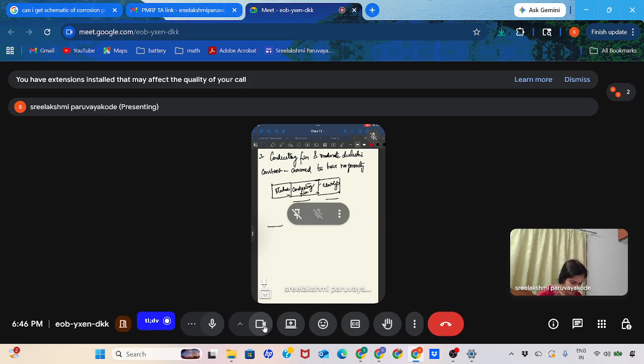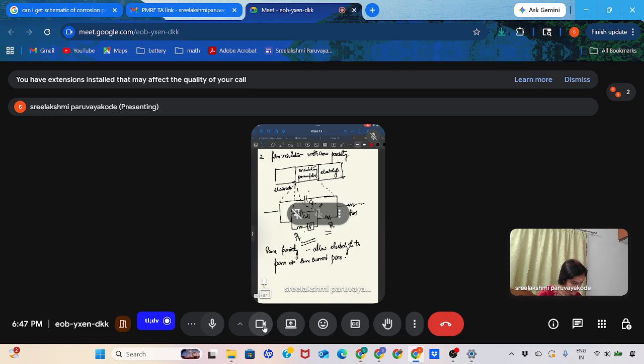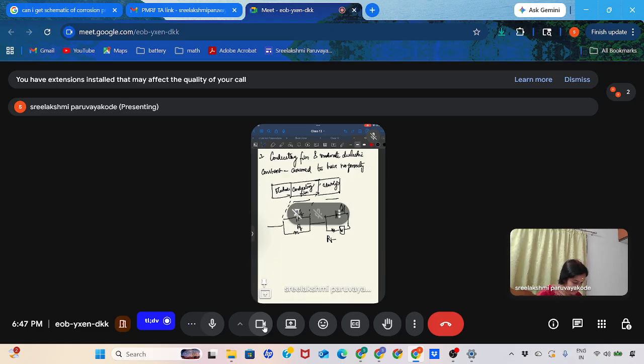So when I draw, this goes to the film, and at the interface of the electrode with the electrolyte, you will have RCT, and there is an R solution.